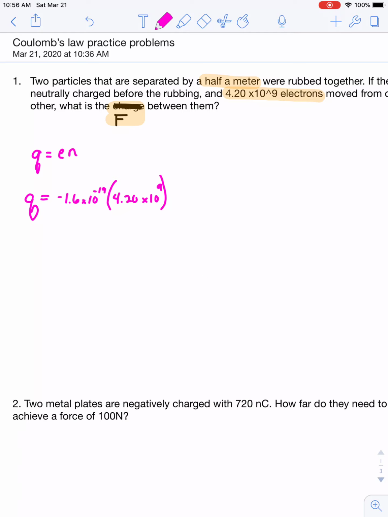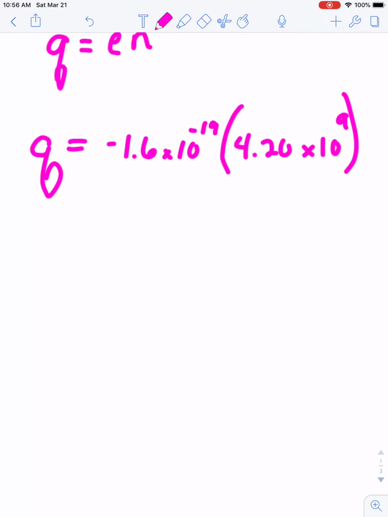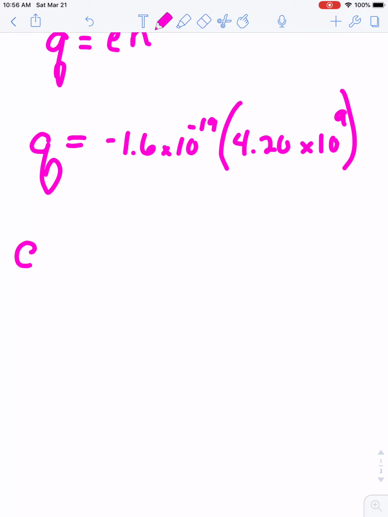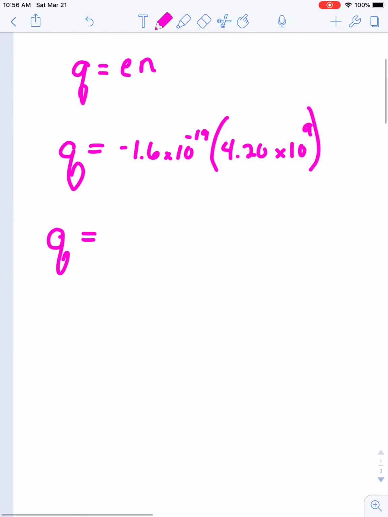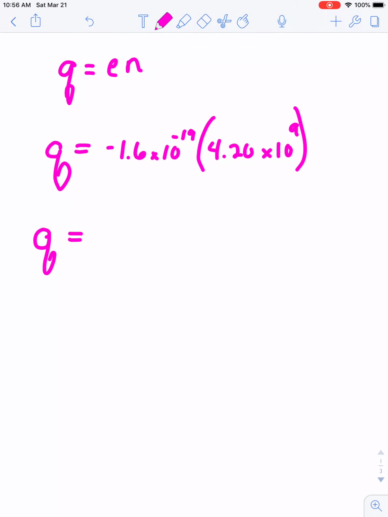These two are going to give us the total charge. Each electron carries a charge of 1.6 times 10 to the negative 19th, and there's 4.2 billion electrons moved over, each carrying that charge. That's going to give us the total charge on this object.